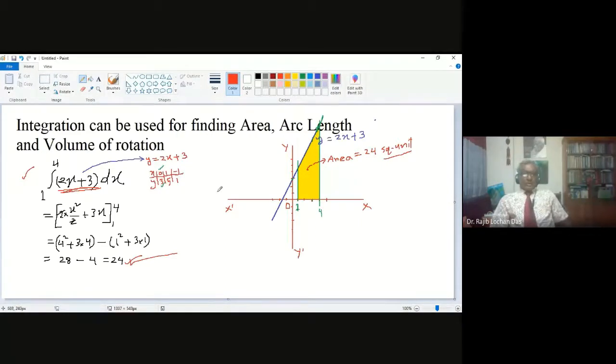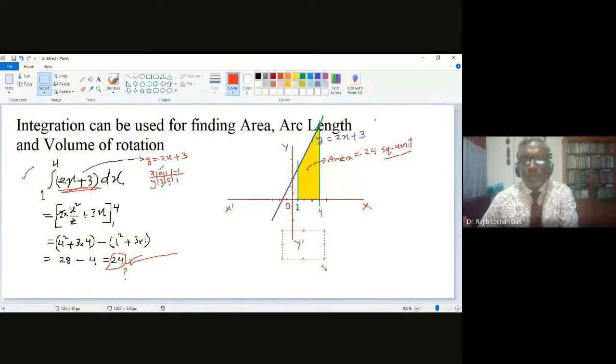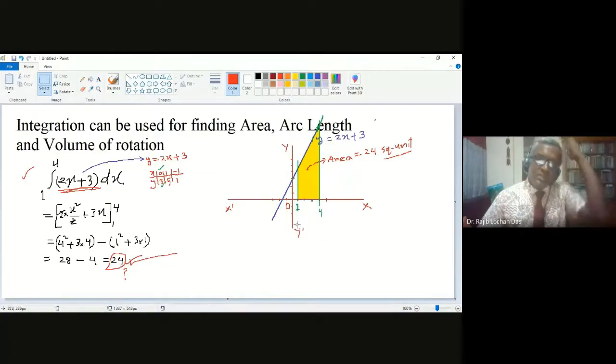Now let me just summarize the idea. What is the definite integral result? Actually, the definite integral result is the area. So the question will come, area of what? What area? Then you will say this is actually the area of a certain place which is enclosed by 4 lines. What are the 4 things? One is the graph of the function.